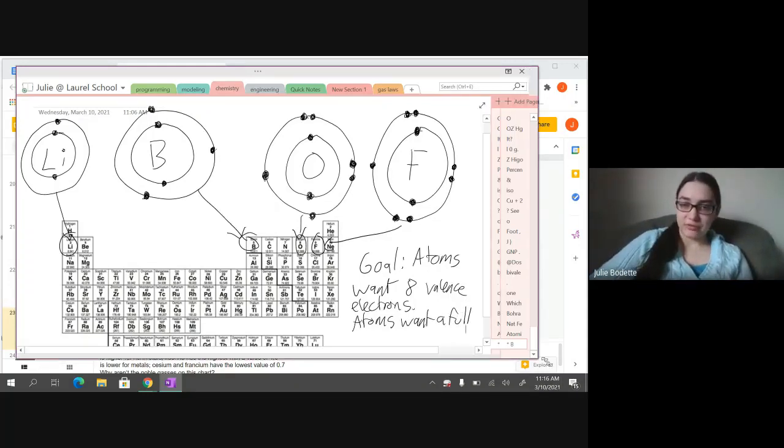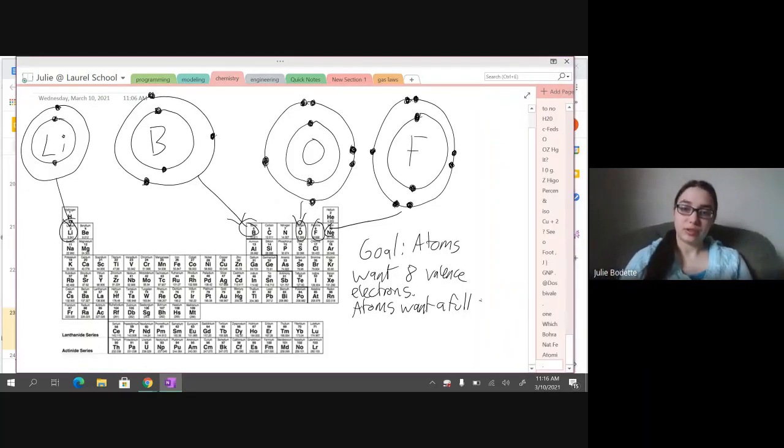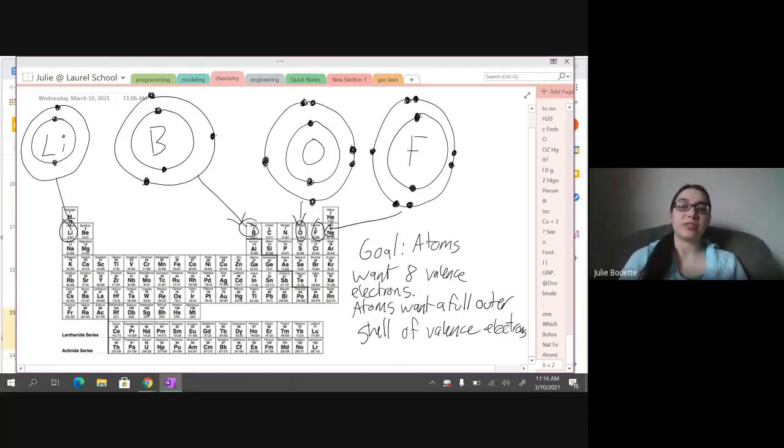Atoms want a full outer shell of valence electrons, because this is what will make them the most stable, right? They're the most stable when they have a full outer shell of valence electrons. So fluorine, for example, let's look at this.